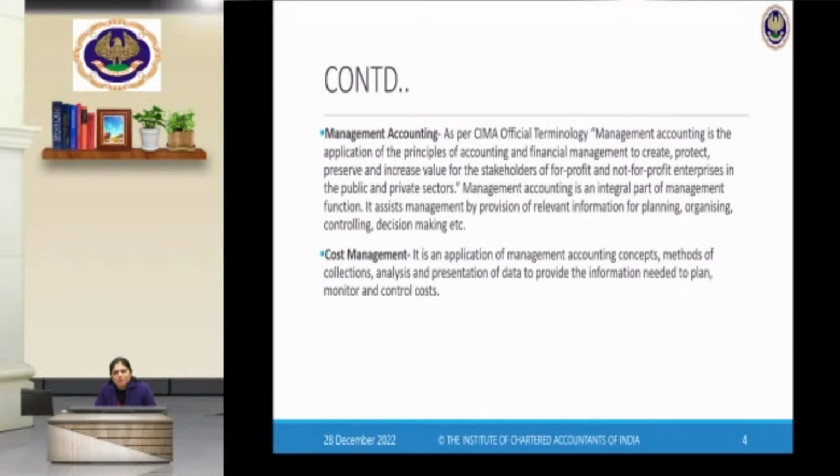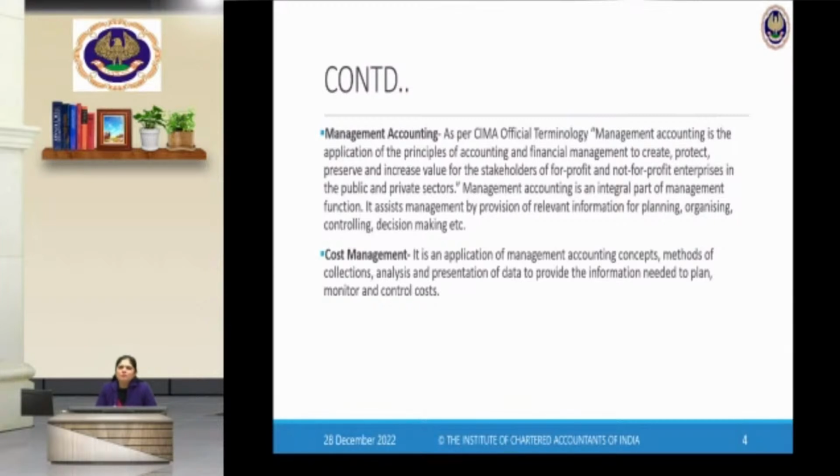Cost management. Cost management is the application of management accounting concepts and methods of collection, analysis, and interpretation of data to provide information needed to plan, monitor, and control costs. Whatever we do, the purpose is basically to plan, monitor, and control costs.